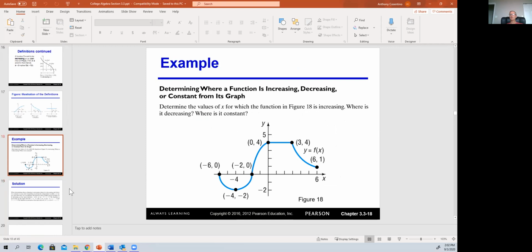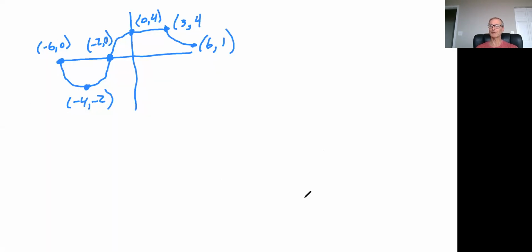So what we're going to do is take a look at this graph and decide where the values are increasing, where they are decreasing, and where they are constant. And we'll also review range and domain with regard to this graph. So I took that graph and did a reasonably bad sketch here on the whiteboard so I could walk through this.